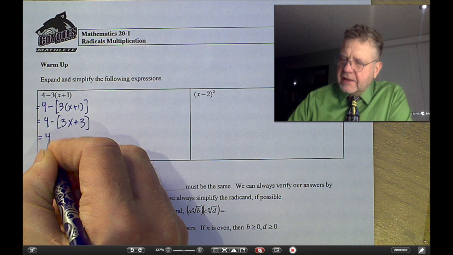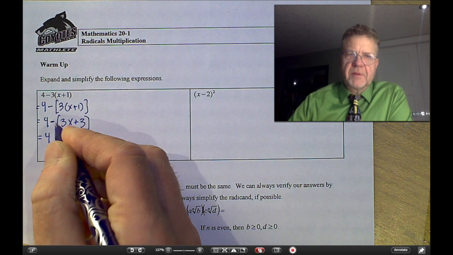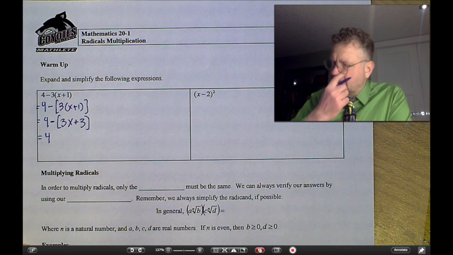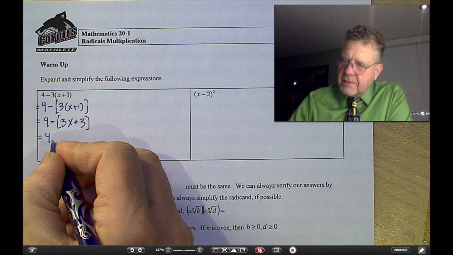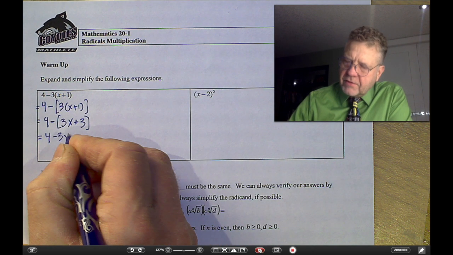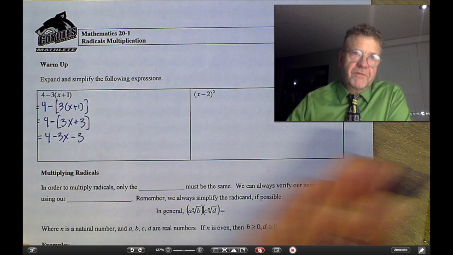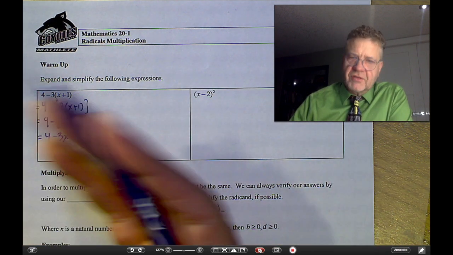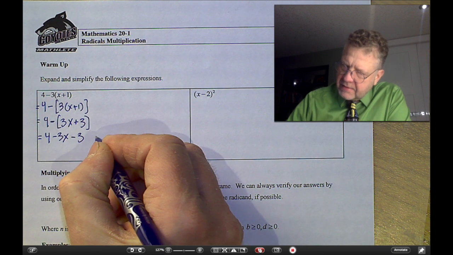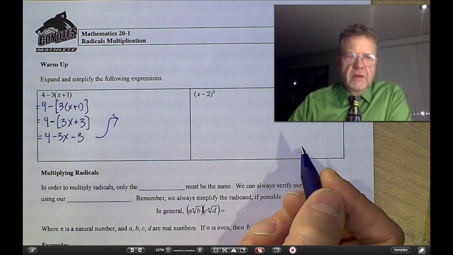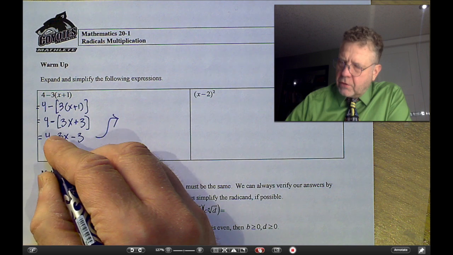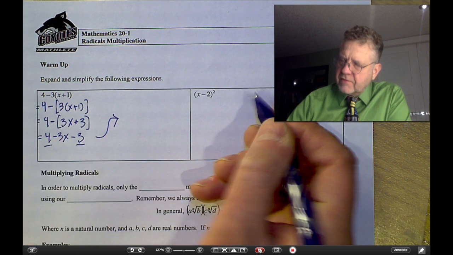When we remove the brackets, you have to look at this negative here, because that's really a -1 propagating through. You have to distribute the -1 throughout. So it's going to be 4 minus 3x, and then minus a positive is going to be minus 3. Remember I said it would be 4 minus 3 in the end? Just a coincidence. And so when everything sorts out, 4 minus 3 is going to be 1 minus 3x.